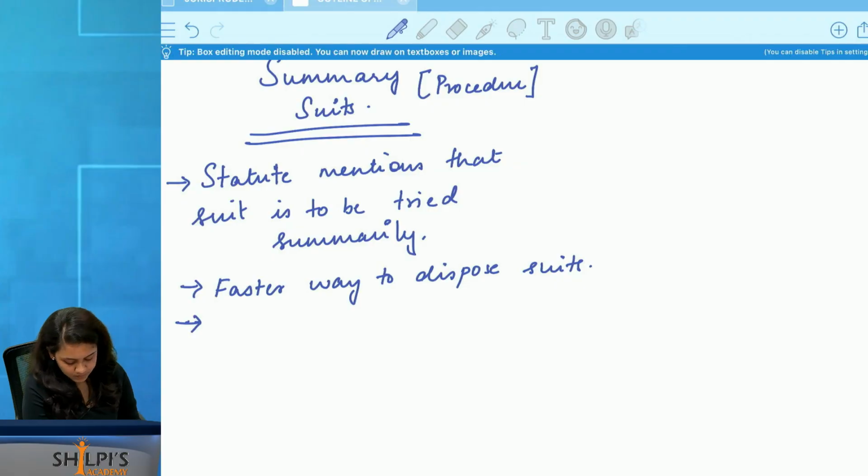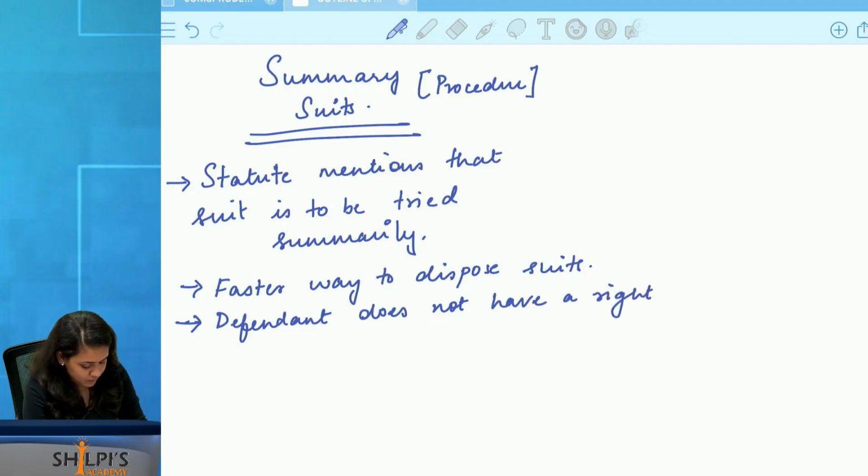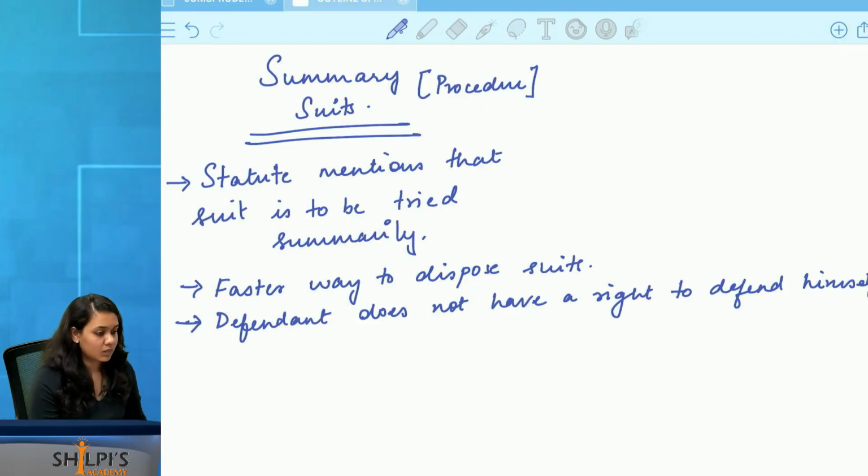In this, the defendant does not have a right to defend himself.